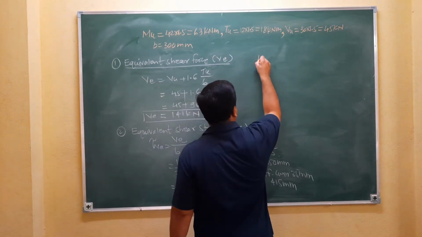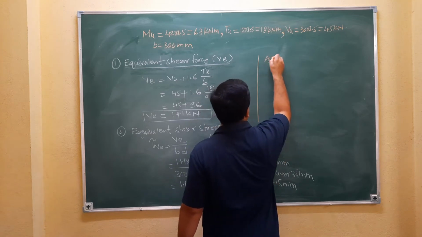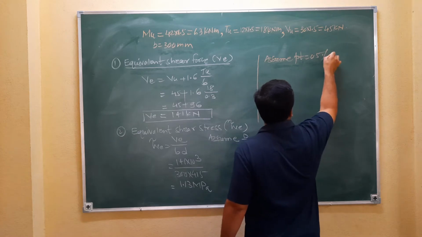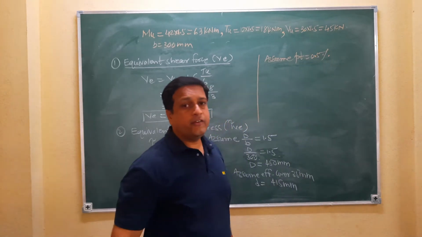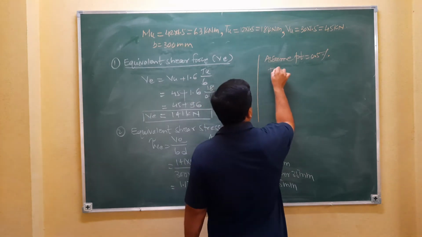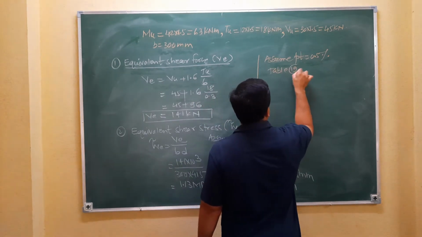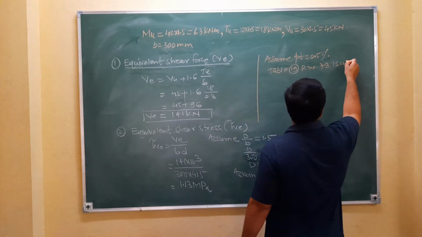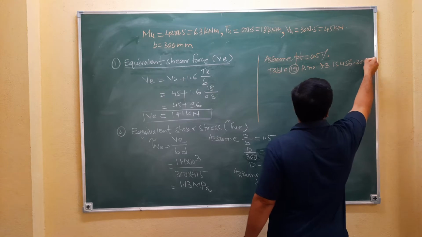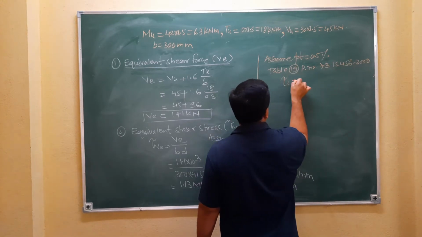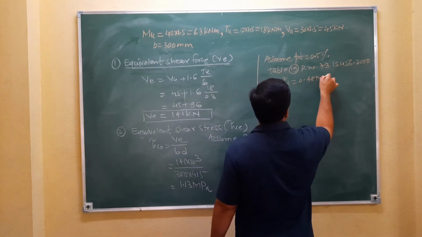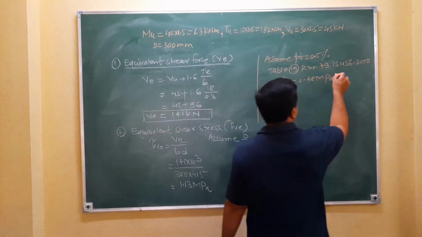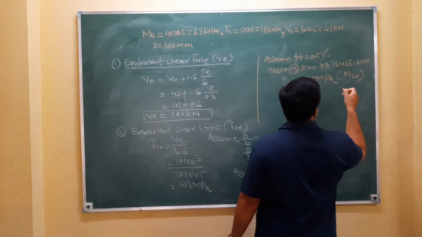Now, next, again assume pt 0.5%. If you assume pt 0.5%, from Table 19, page number 73 of IS 456-2000, the value of tau c is 0.48 megapascal for M20 grade concrete.